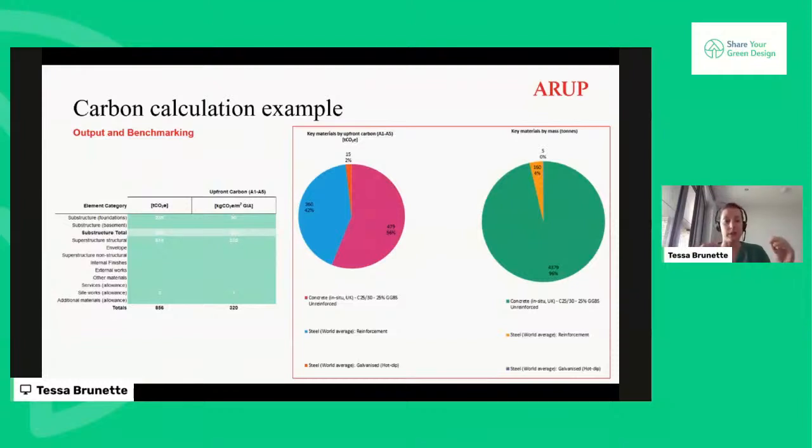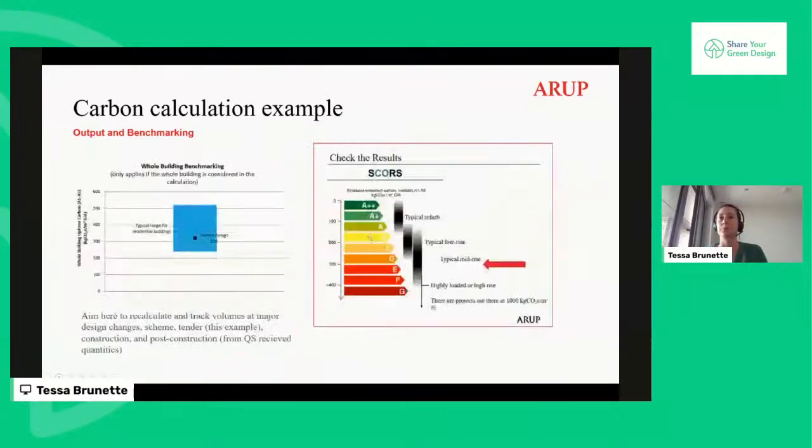And then we can use that to inform our design decisions. So we start at the beginning again and say, how do we reduce the amount of concrete? It's volumes of concrete, as well as doing smart things like changing the actual concrete mix, for instance. So the benchmarking process is really useful, which I've mentioned earlier.